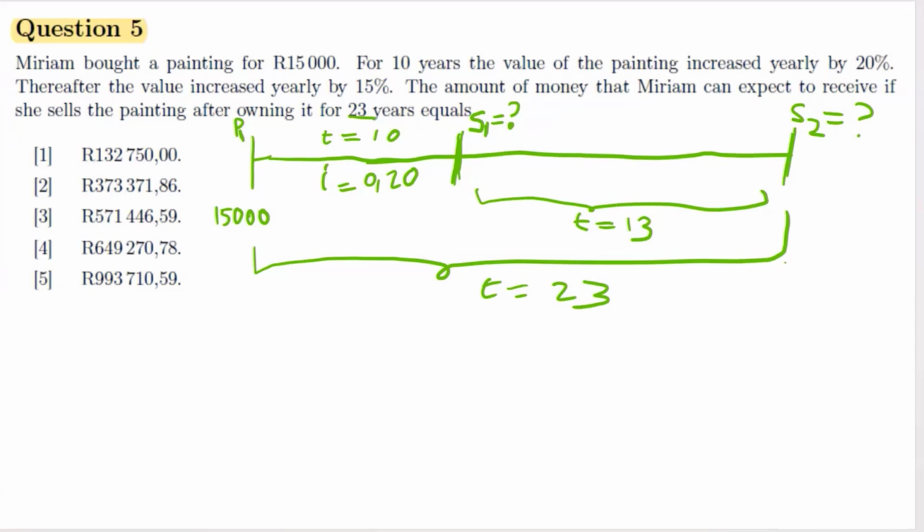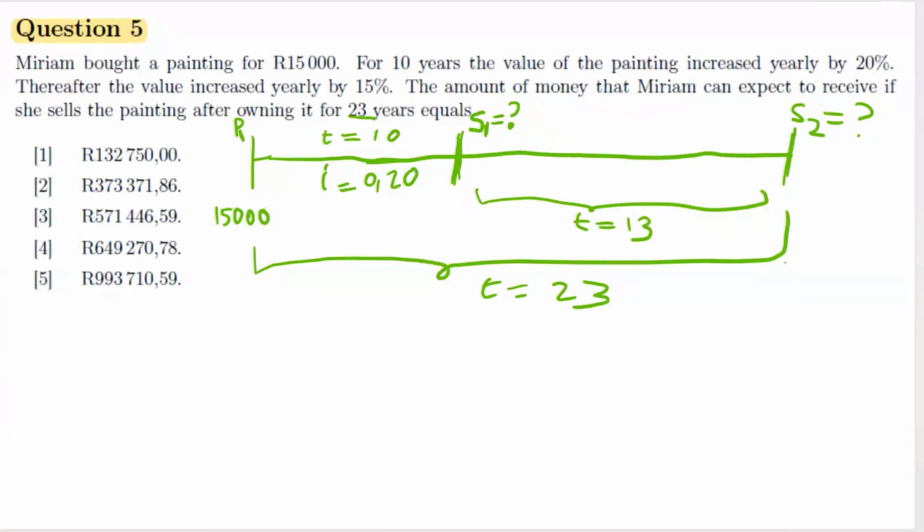The minute there is a breakdown, because this woman owned this painting for 23 years, but in between, after 10 years, the interest rate had to change. So the minute there's a disturbance, you need to also have a breakdown of your calculations.